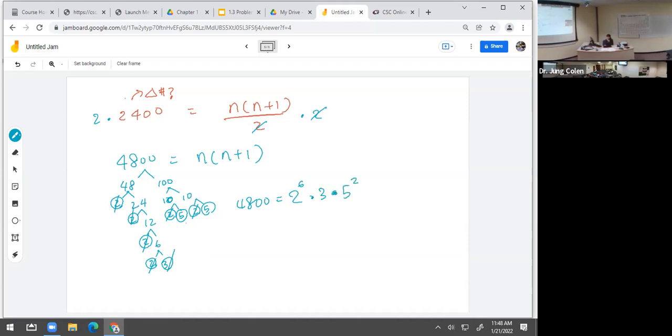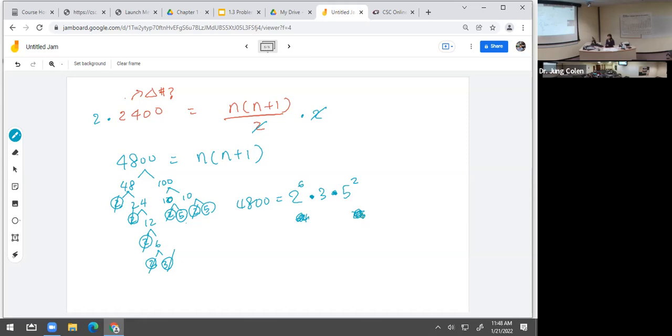Did anybody find any combination to make this number with a multiplication of 2 numbers, where one is greater than the other? What's 2 to the 6th power? 64. Okay, 64. And 5 squared is 25. 3 times 25 is 75. So the difference is 11.